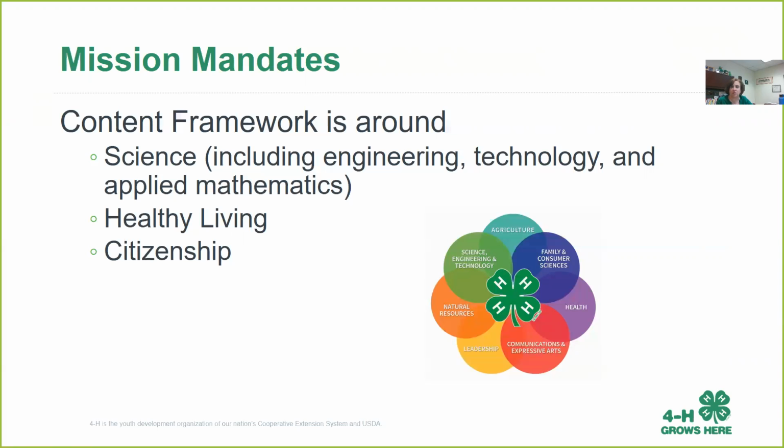That one they typically will move into, hopefully they have some science base in there, especially with the expressive arts. When you talk about knitting and crocheting and those types of things, if you talk about the wool and the yarn and what's the process for making the yarn, those types of things. So we want it to try to fit around those mission mandates.